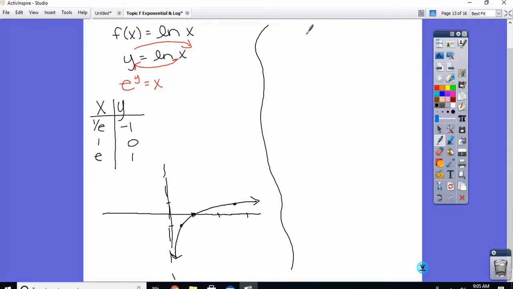The second one I asked you to graph was g of x equals log base, what was it? 3, of x. So if we change that to exponential, g of x is like a y, equals x. 3 to the y equals x.